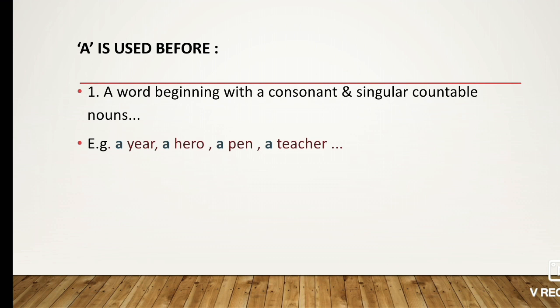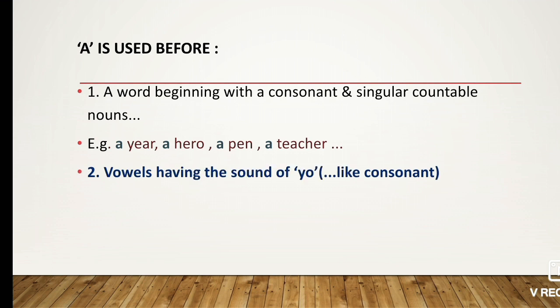In these examples, Y, H, P, T are consonants, and year, hero, pen and teacher are singular countable nouns. When you use a consonant-beginning singular countable noun, you use the article a before it.